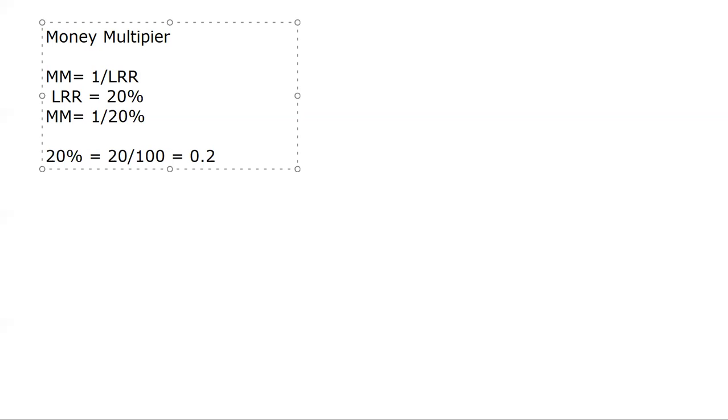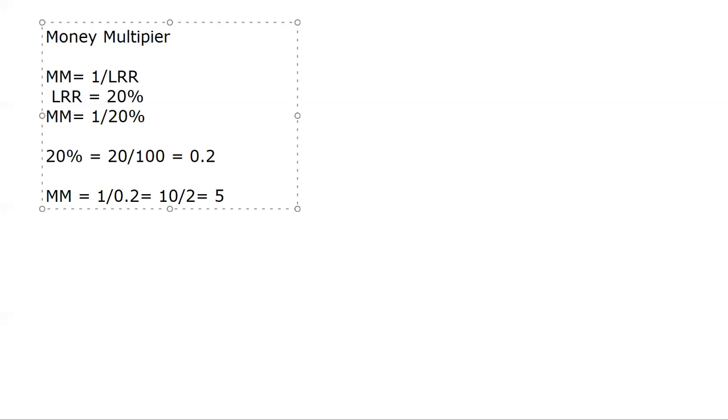It means the value of MM, money multiplier, would be equal to 1 divided by 0.2, which would be equal to 10 upon 2, equal to 5 times.